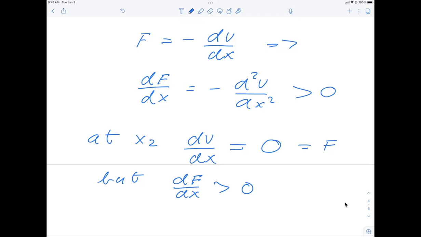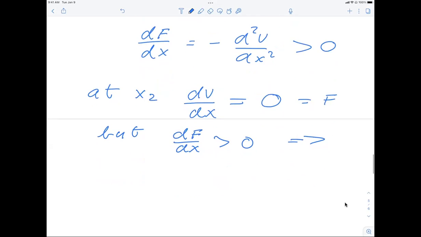So that leads to what is normally called an unstable point, an unstable maximum.